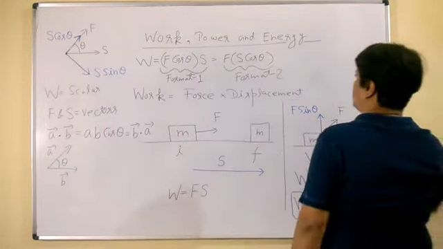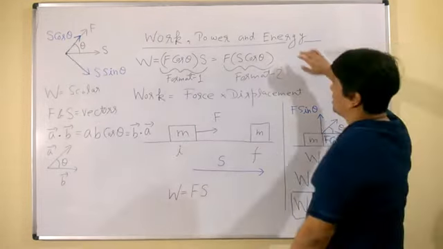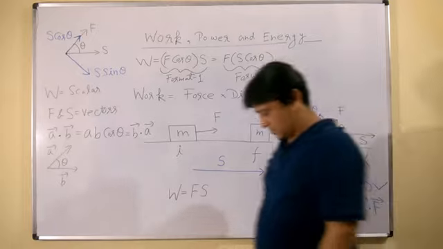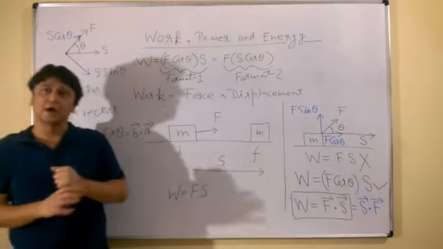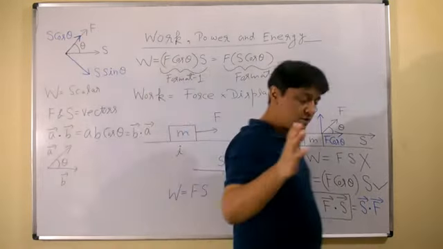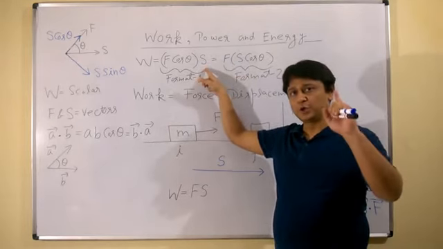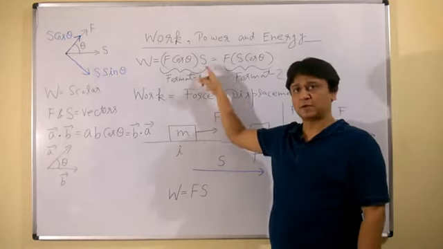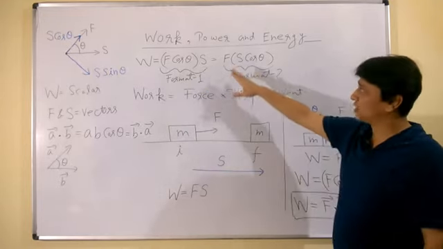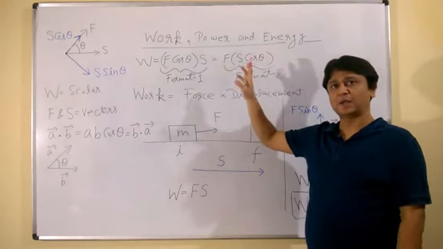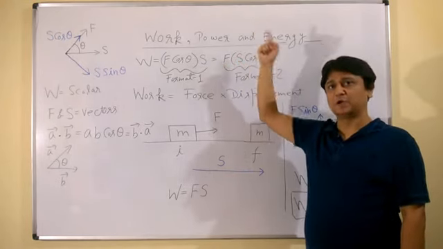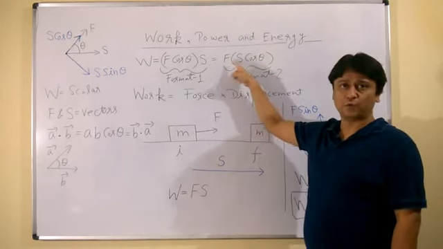Force multiplied by displacement in the direction of force. अब दोनों जगहों पर हो क्या रहा है, दोनों जगहों पर क्या होने लगी ये चीज. आप फर्स्ट फॉर्मेट में बोल रहे हो डिस्प्लेसमेंट, multiply displacement with that part of force which is in the direction of displacement. In second, you are saying that work is what? Force multiplied by that part of displacement which is present in the direction of force.